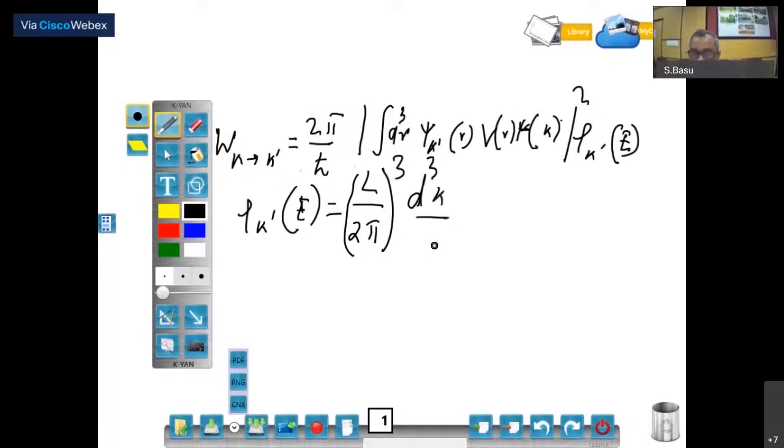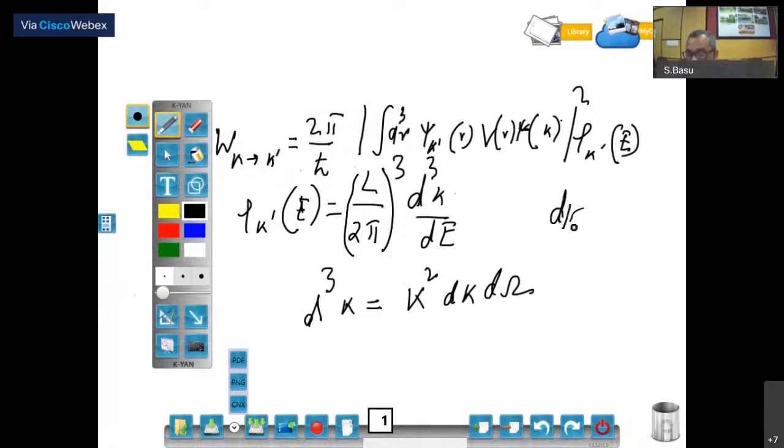And then comes the term d3k dE. Now this d3k is the elemental volume in k space, which is given by k squared dk d omega. And here I also use that dk by dE, which I will obtain from E equal to h cross squared k squared by 2m for a free neutron.